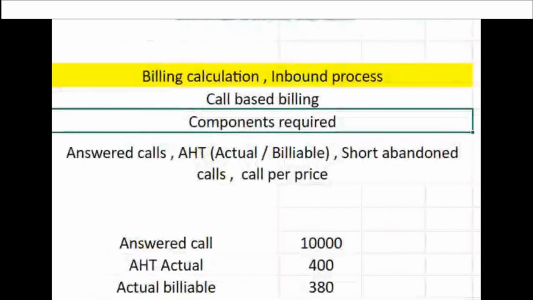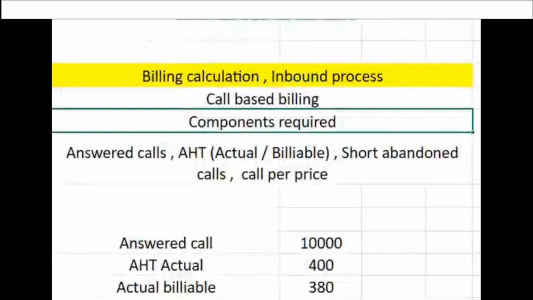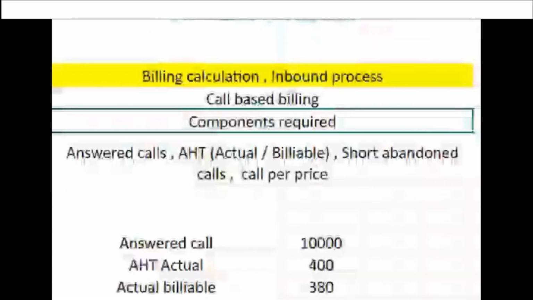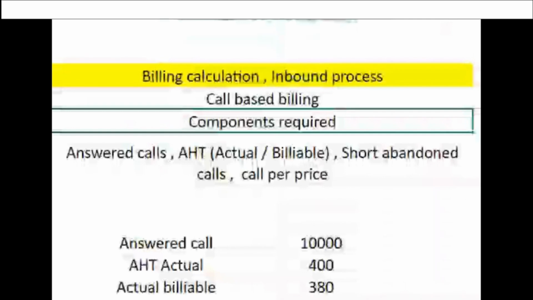The AHT actual is the actual AHT that is going on in the call center. It could be anything related to the process. If it's a technical process, the AHT would be higher. If it's customer service, AHT would be lower, 300, 400 seconds, as compared to the technical process where AHT can be 800 or 900 seconds.